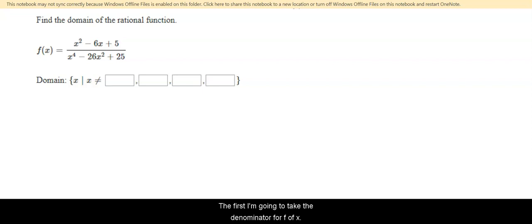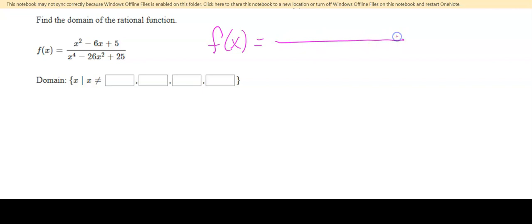So first I'm going to take the denominator for f of x, and I'm going to factor it. This looks like something that's quadratic in form, which means that the first term x to the 4th will split as x squared times x squared.